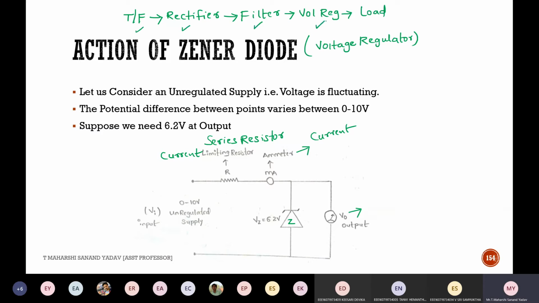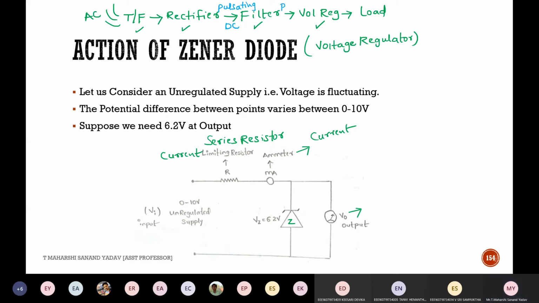Now we are seeing the application of the voltage regulator by means of a Zener diode. Suppose the input of the transformer is AC. What is the output of the rectifier? Pulsating DC.